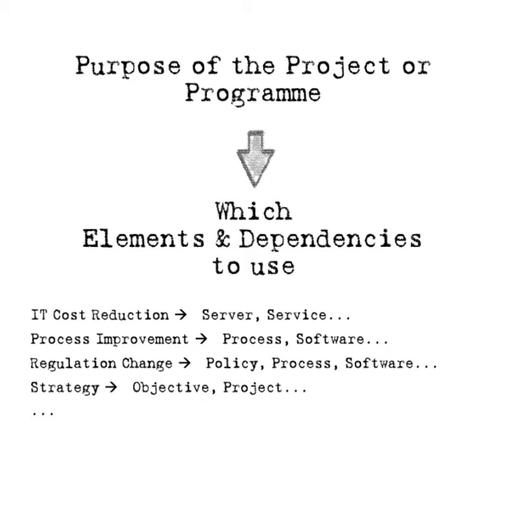So if I'm going, for example, let's take the first one, IT cost reduction, I would look at the servers and services. I wouldn't necessarily look at the organization. I wouldn't necessarily look at the processes, and maybe only as far as saying the processes have to stay the same, and the services and applications need to continue supporting the same process as before.